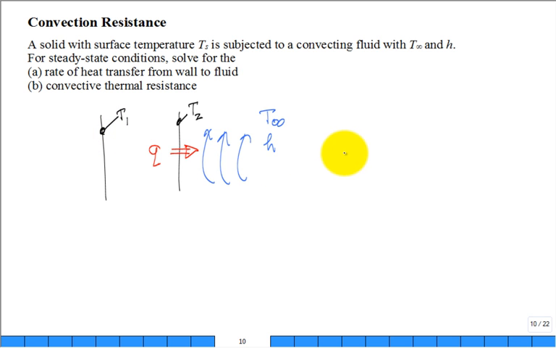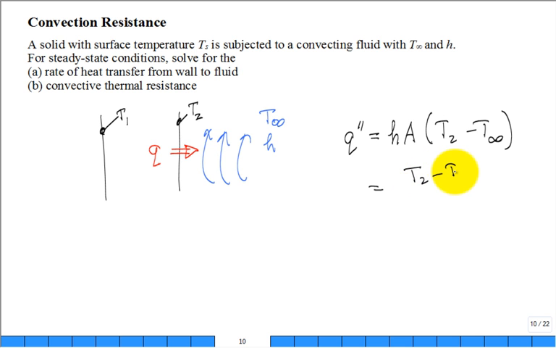That convective heat transfer, given by Newton's law of cooling, is the convection coefficient, the area, times T2 minus T infinity. Or you could write it as T2 minus T infinity divided by 1 over HA. And so the thermal convection resistance is 1 over HA. As the convection coefficient goes up, resistance to heat transfer goes down.